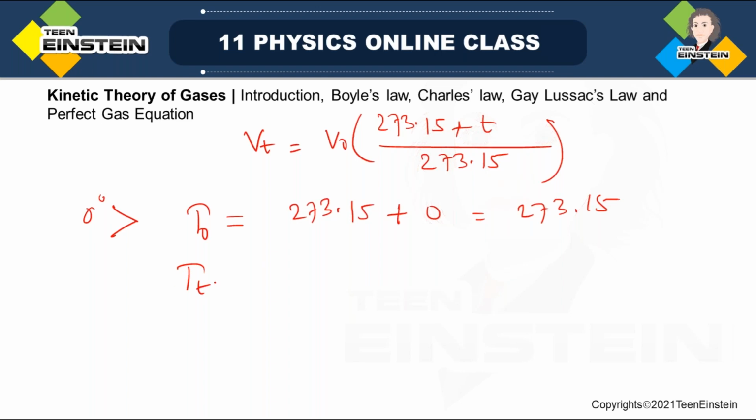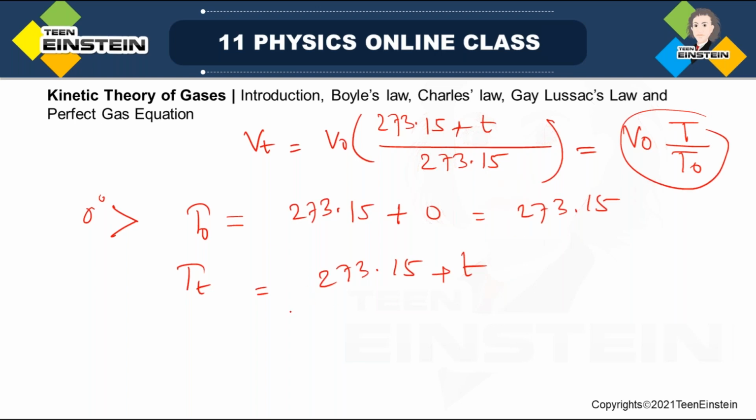Then T is equal to 273.15 plus this small t. Then we can write Vt by T is equal to V0 by T0, and this will be equal to a constant.